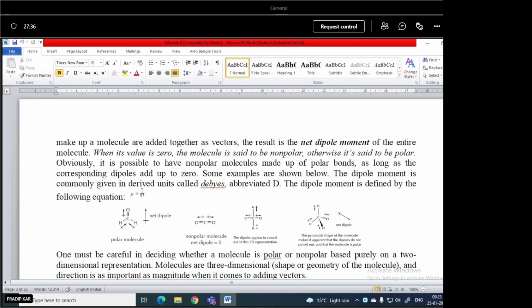Q is the charge developed on the center. The same amount of positive and negative charge is generated, into the R distance between them, and the unit is Debye, or D is used.